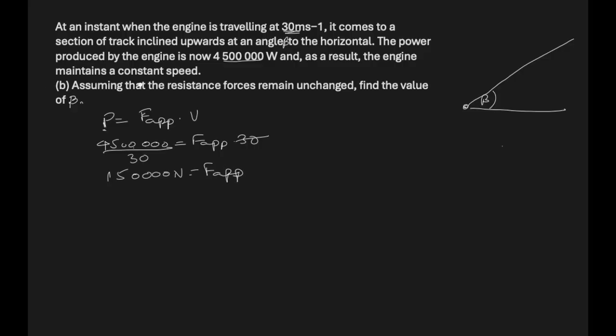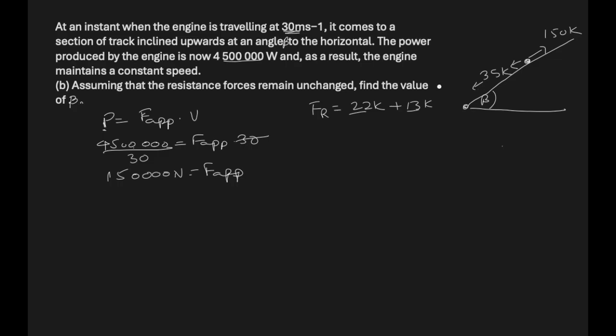Question: assuming that the resistance forces remain unchanged, so resistive forces on engine and coach together were 22K plus 13K. Yeah, this was the one. Find the value of beta. Okay, so let's see. This is the system again. Applied force now is 150K. The resistance is 22 and 13, 35K.